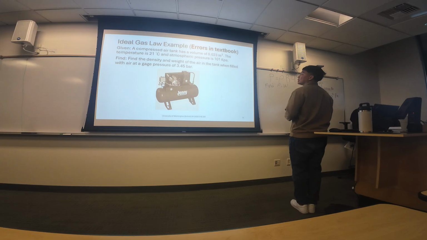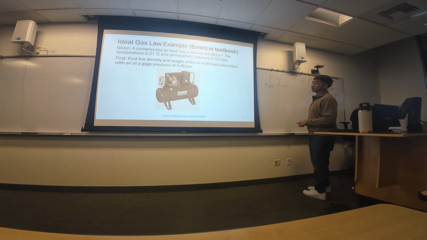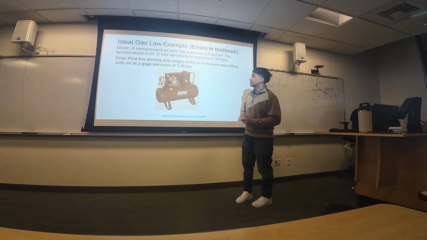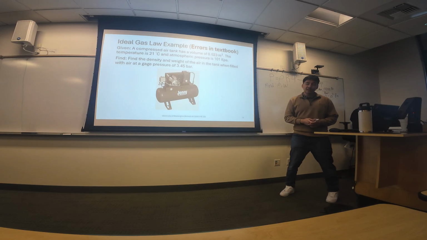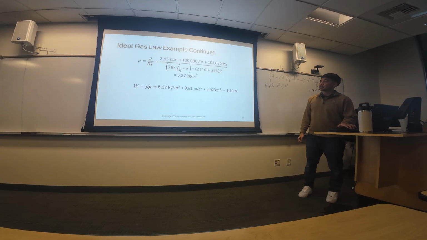Our denominator is going to be your R value, which is in the tables that I showed you earlier. And the temperature is just going to be your 21 degrees Celsius plus 273 to convert to Kelvin. Let's fast forward here so you can see it better.